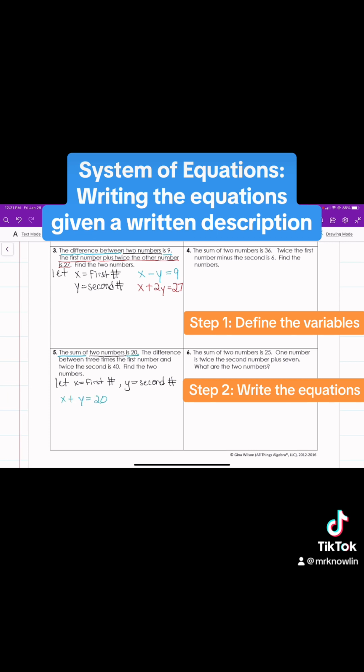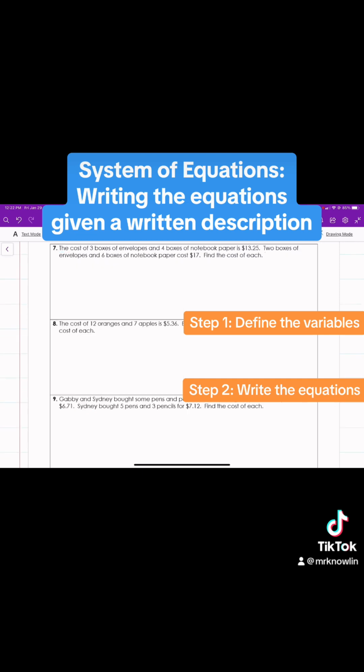Now the second part says the difference between 3 times the first number and twice the second number is 40. So the difference means to subtract. 3 times the first means just that, 3 times the first number. The first number is x, so that's going to be 3x. The second term, it says twice the second one. Twice, once again, means 2 times. So 2y, and all of that should equal 40.